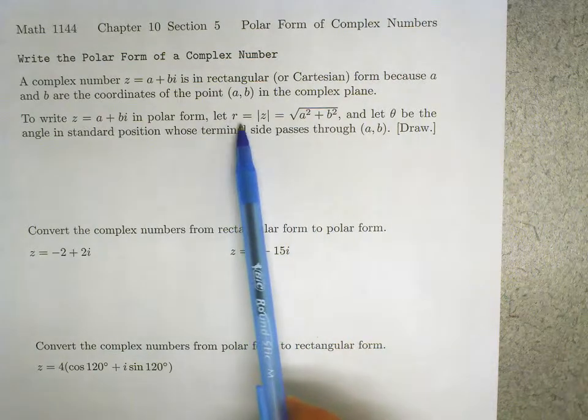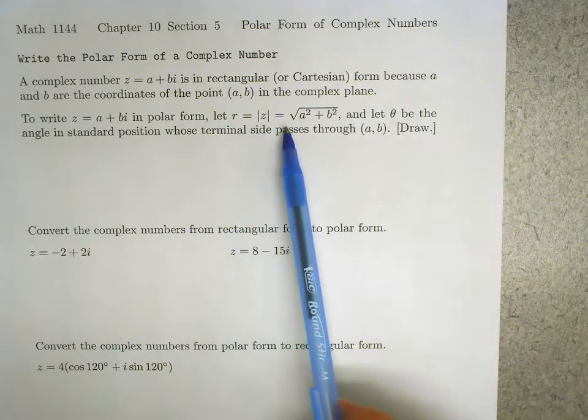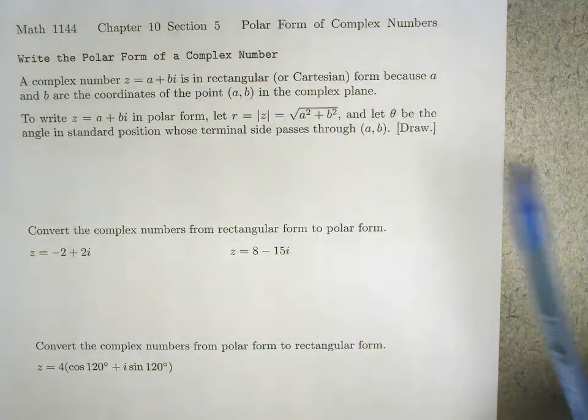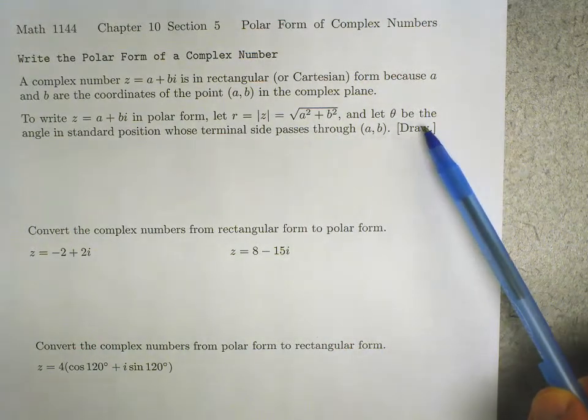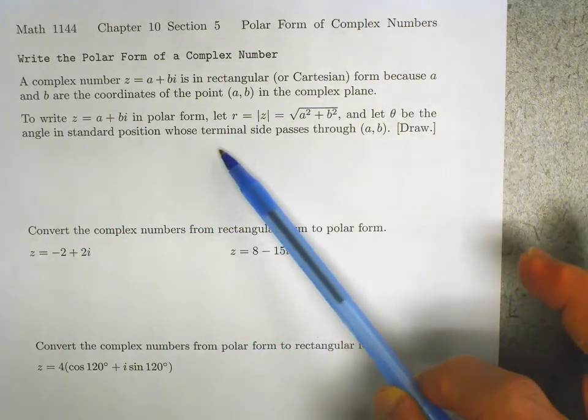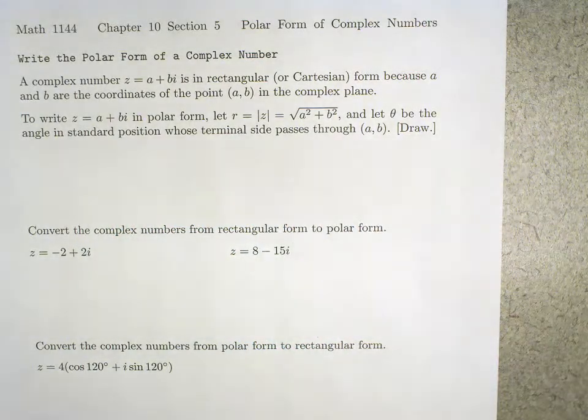we let r be the modulus of z, which is the square root of a squared plus b squared, and we let theta be the angle in standard position whose terminal side passes through the ordered pair a, b.